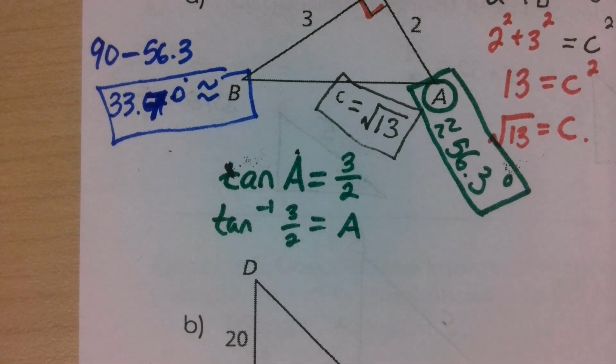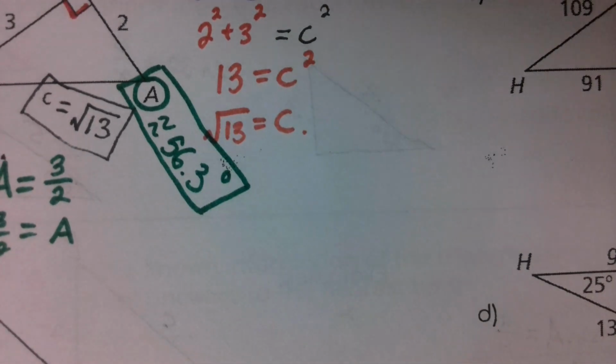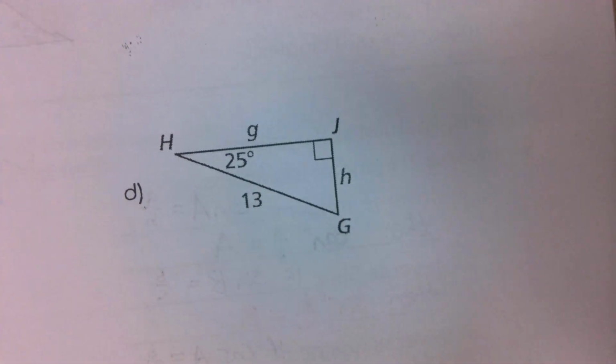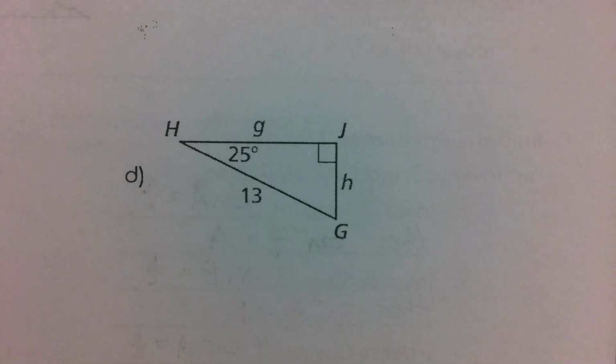Let's take a look at problem D as well, because D is a little bit different. In problem D, we don't have two sides that are given to us. We have a side and an angle. So we need to think of a best approach to solve this. My recommendation in this case is to recognize that we're only missing one angle in our triangle, right?